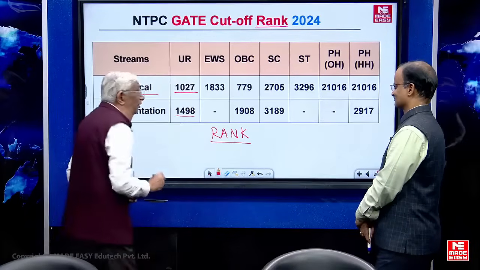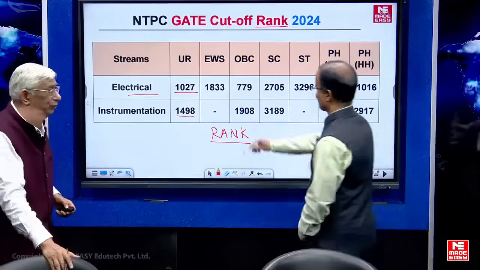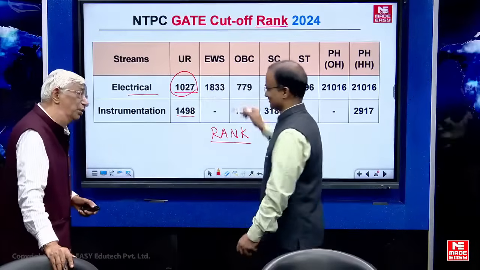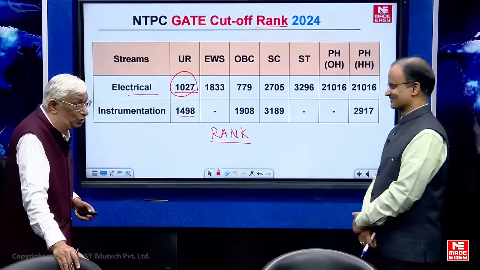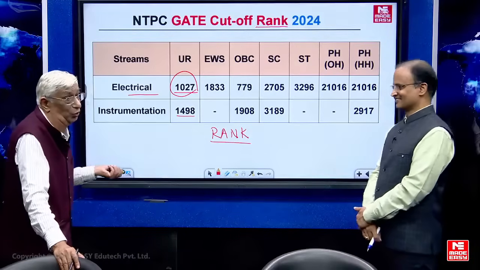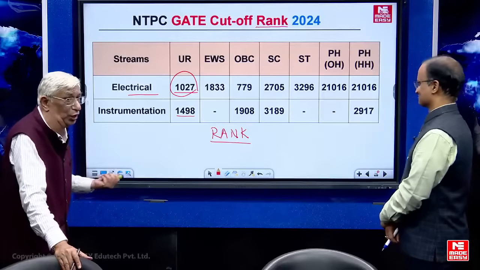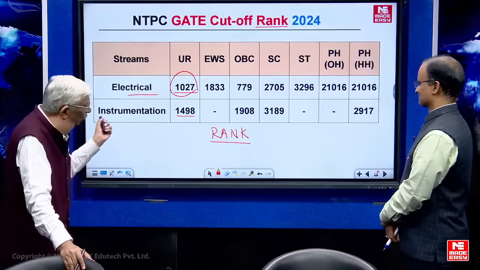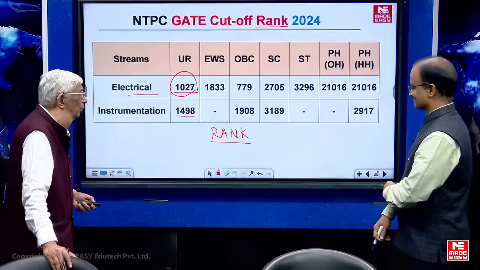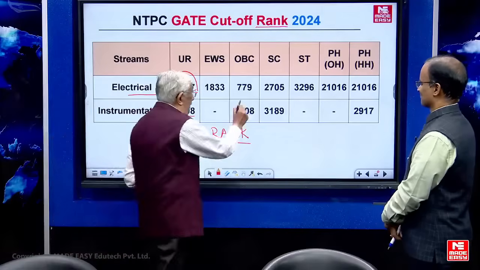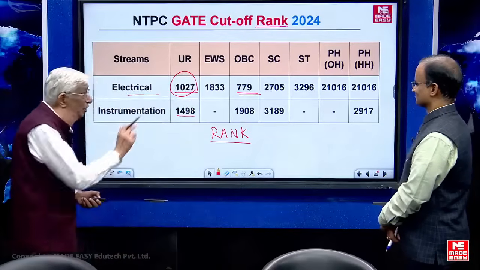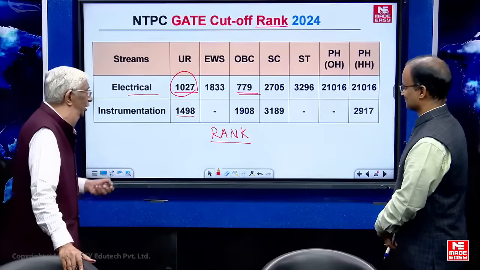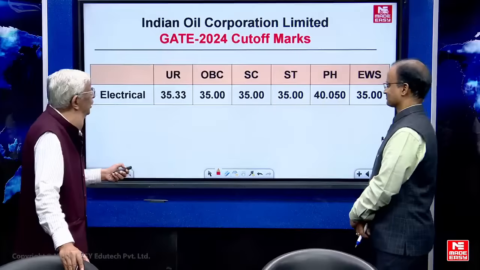It is the GATE rank in 2024. It is a big number, sir. Yes, it's a big number. Even if you are getting a GATE rank of 1000, you still get direct recruitment in NTPC, which is very good. And obviously, depending on the category, it goes up and down. Yes, sir, this seems to be an exception, because normally OBC does not go below the general category.